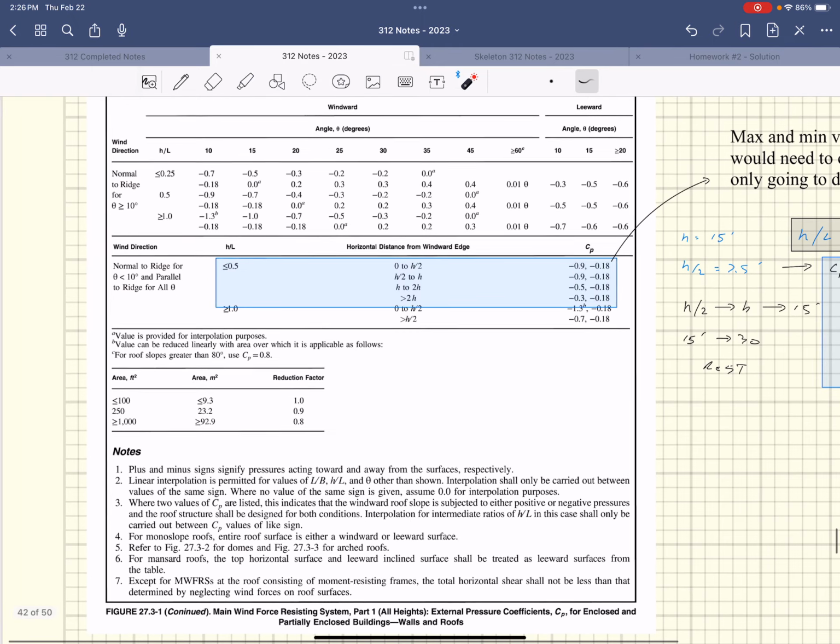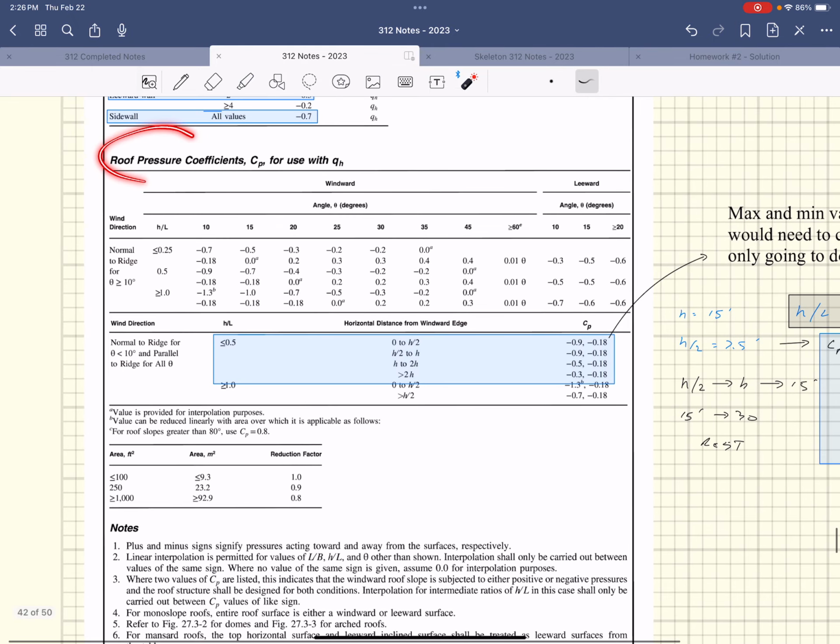So we come down in here and we're looking at this table, roof pressure coefficients, okay? We're looking at normal to the ridge for theta less than 10 and parallel to the ridge for all theta. This is where we're going to find our flat roof, because our theta is less than 10 and there is no ridge. So a flat roof would fall under this category right here, not up here.